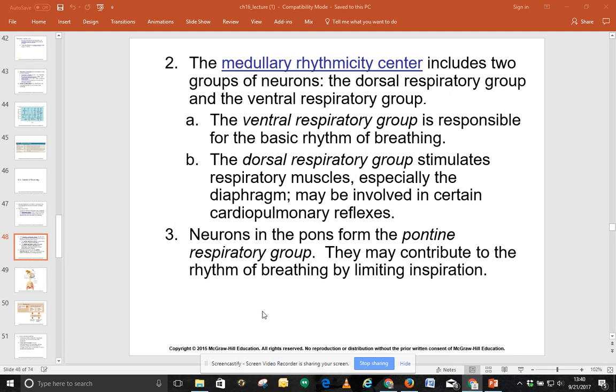Neurons in the pons of the brain form the pontine respiratory group, and they contribute to the rhythm of breathing by limiting inspiration. This is all done involuntary for the most part. If any of these groups are damaged, we could have patients that may not be able to breathe, and we would have to breathe for them, like with spinal cord injuries.